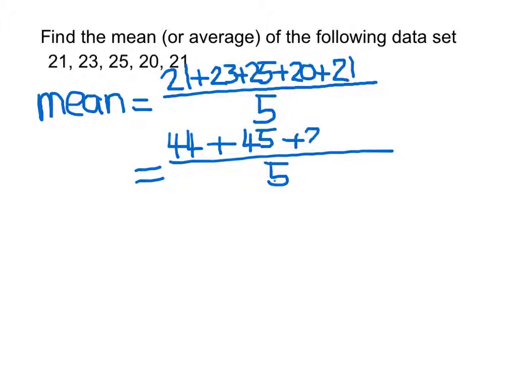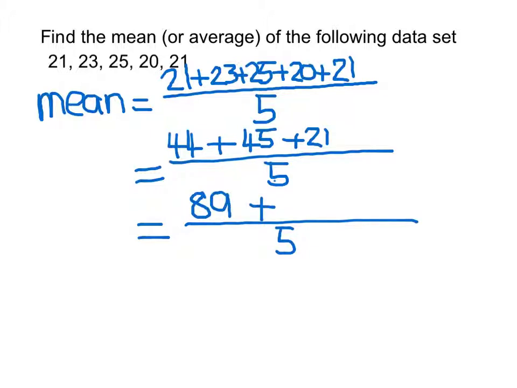And then we still have 21 left to add. I like to break it down into steps to make it a bit easier. So 44 plus 45 will give us 89. And we still have the 21 left over. So 89 plus 21 will give us 110.